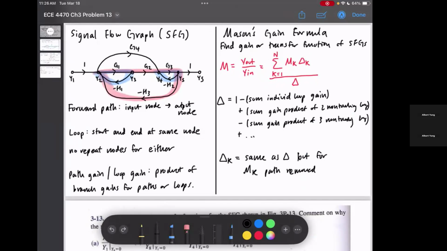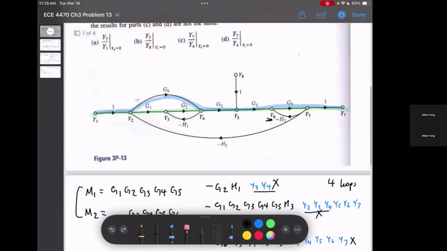And then you repeat this n times for the nth k. So since we only have 2 for loops, then we only have m1 times delta 1 plus m2 times delta 2. Then we're going to divide our sum with the overall determinant that we found earlier.